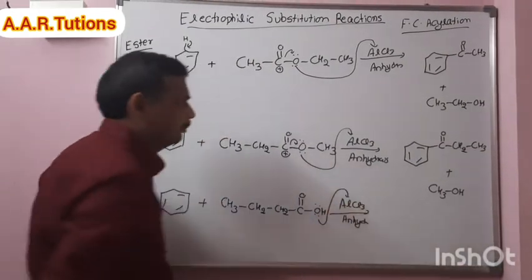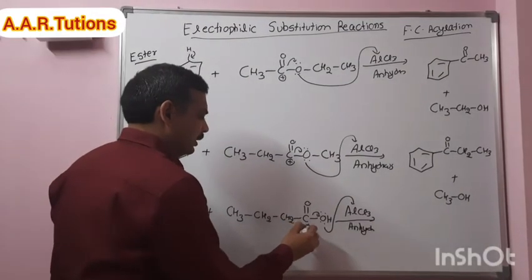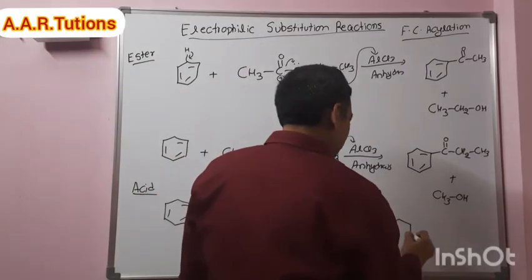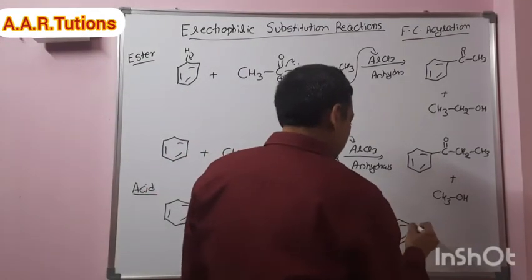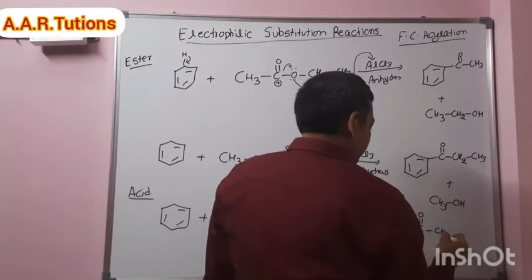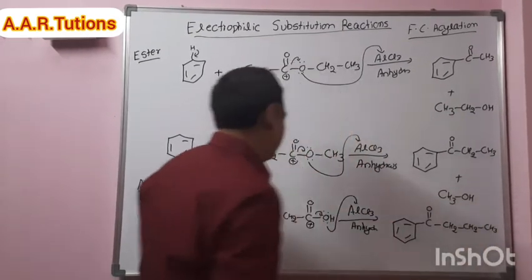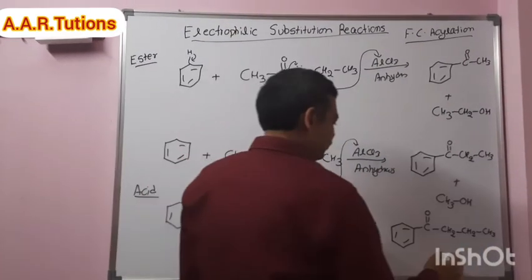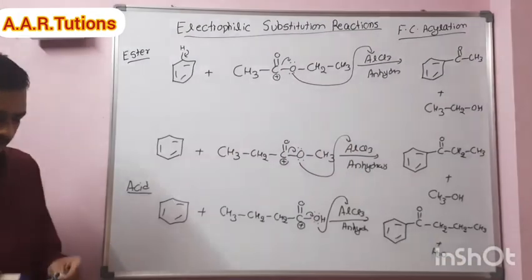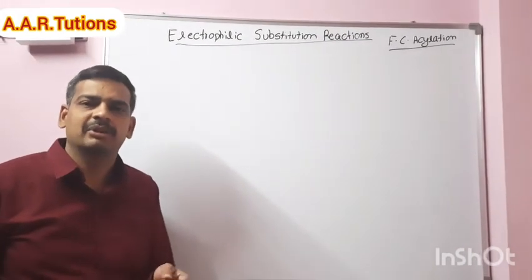It forms a complex with AlCl3. Then shift of electrons from here to here, and the electrophile will generate here. Then the product obtained is CO, CH2, CH2, CH3, propyl phenyl ketone. The side product is water, which will be eliminated from the reaction. So far we discussed acid chlorides, anhydrides, esters and carboxylic acids.